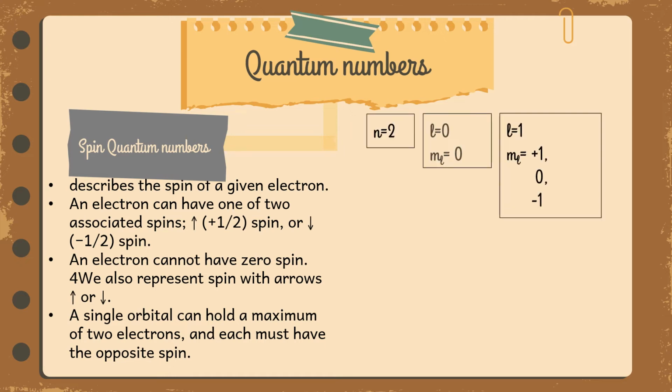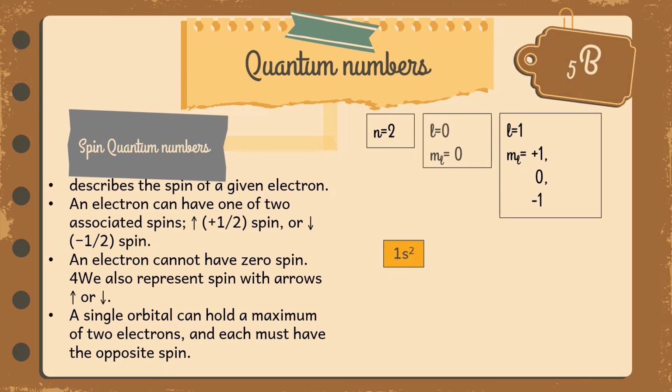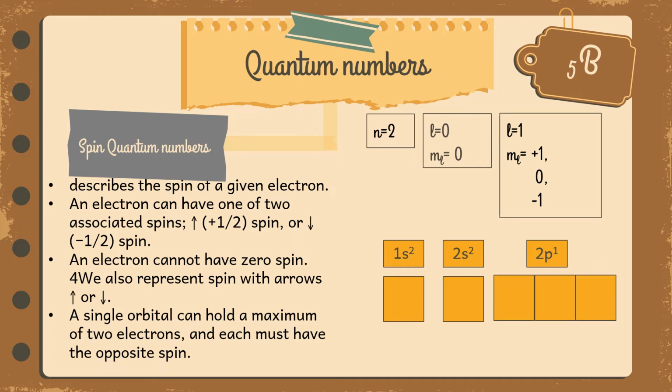Now, to determine the spin quantum numbers, we will use the electron configuration of an atom. Let's say, for example, boron 5. It consists of 5 electrons. If we write the electron configuration for boron, we will have 1s2 that consists of 1 orbital, 2s2 that consists also of 1 orbital, and 2p1 that consists of 3 orbitals for the p sublevel.